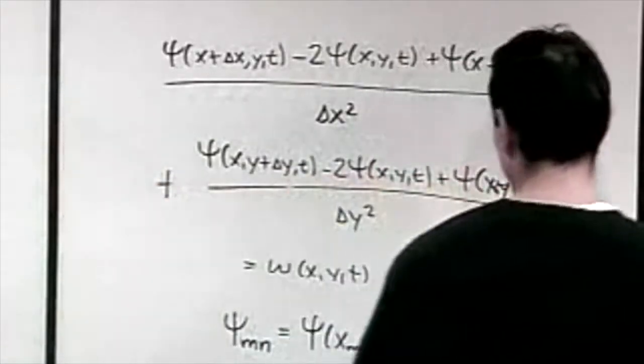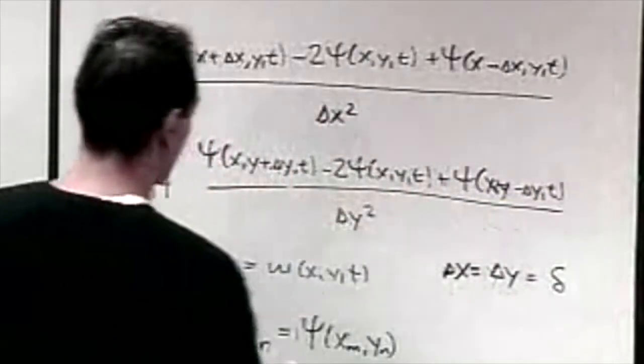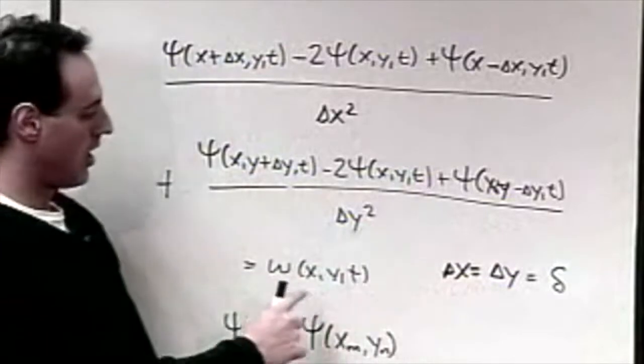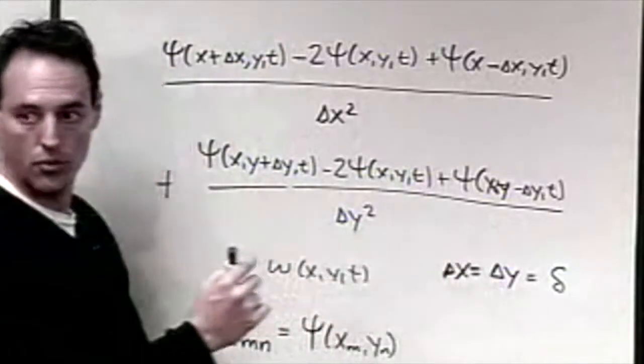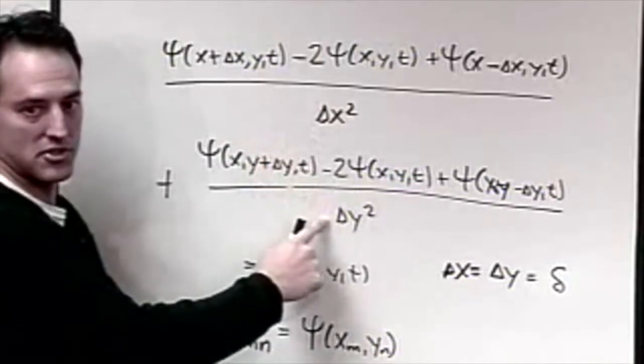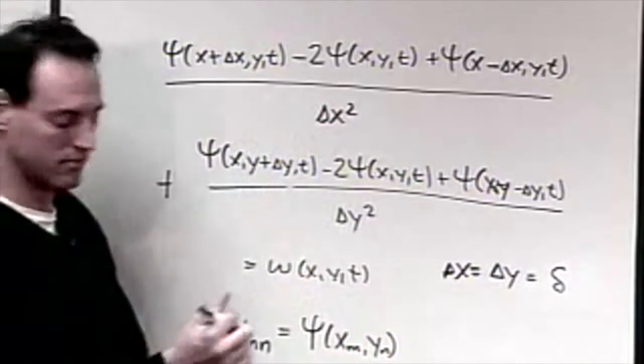All right. So let's talk about that equation a little bit more. With this assumption, I have delta x equal to delta y, delta. So I can multiply both sides of the equation by delta squared.